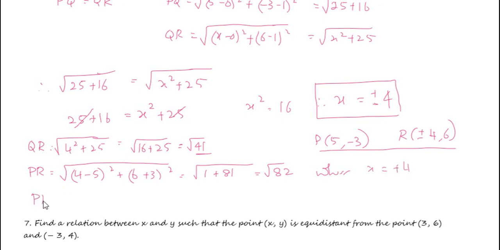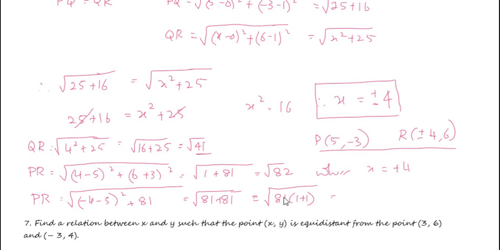Now PR when x is equal to minus 4, that is square root of (minus 4 minus 5) whole square, and the other part is going to be the same thing, it does not change, so it is 81. So this is minus 4 minus 5 is minus 9 whole square is 81, so square root of 81 plus 81, I can write this as 81 into (1 plus 1).